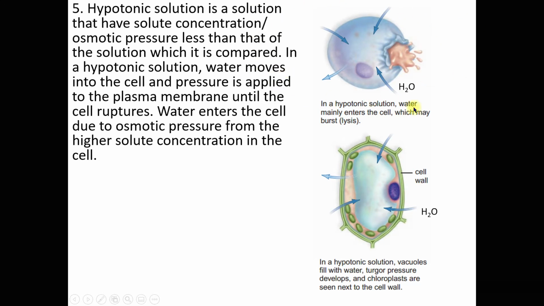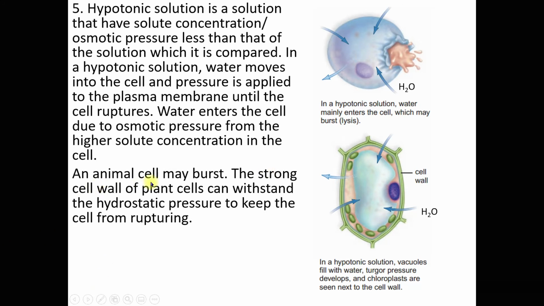Water from the hypotonic solution will diffuse via osmosis into the cell. This may cause the cell to burst if the cell continues to be placed in that hypotonic solution. When that cell bursts, we say the cell undergoes lysis.